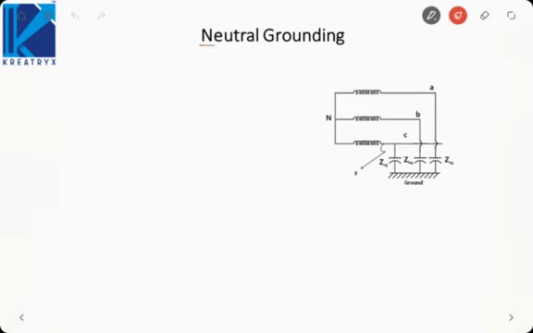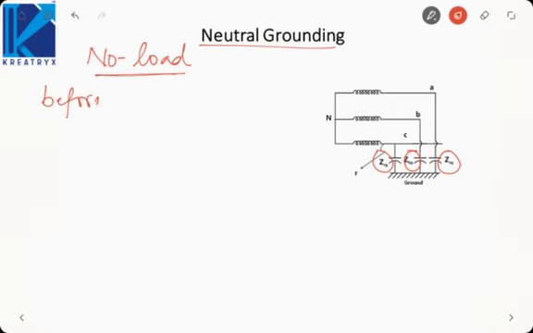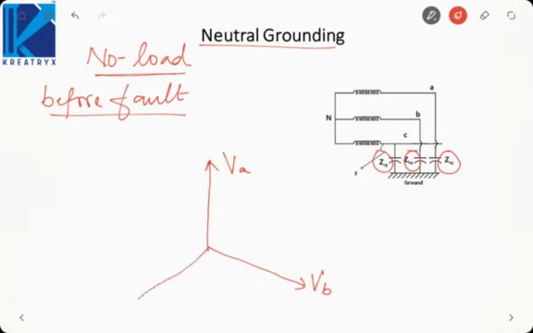Let us see how. Suppose this system is given to me. This system is under no load. Under no load, in case of a transmission line, line charging currents will flow, and they will be represented by the capacitance of the line ZAG, ZBG and ZCG. Now when there is no fault, that is, we are considering the condition before the fault, all the three voltages will be balanced, VA, VB, VC, and the line charging current will lead the voltage by 90 degrees.